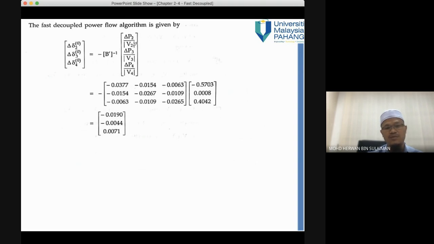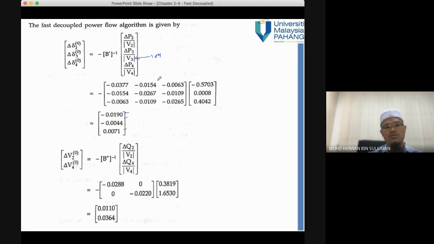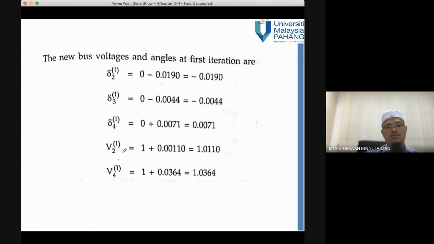Darab delta P2, V2, delta P3, V3. Ni biasa student tertinggal ni. V3 tadi ada 1.04 kan. Biasa student buat 1 tu, salah. So delta V4, so dapat value, this value. Dan untuk Q atau B, B prime inverse, negatif kan. Darab delta Q V2 ditambah V4. So dapat these two values. And then for the first iteration, dapat this value.